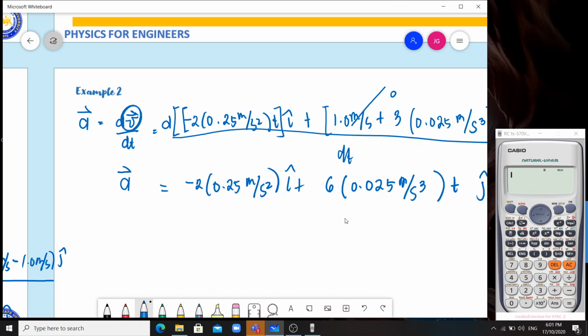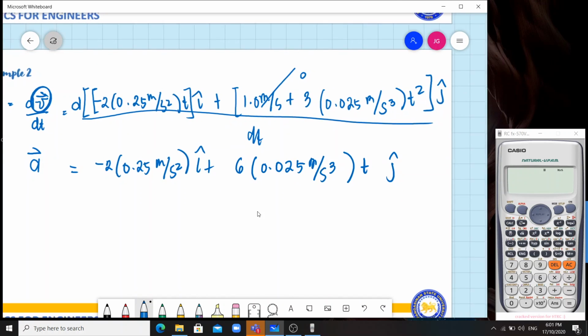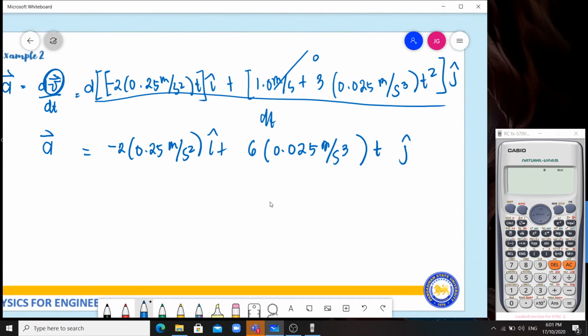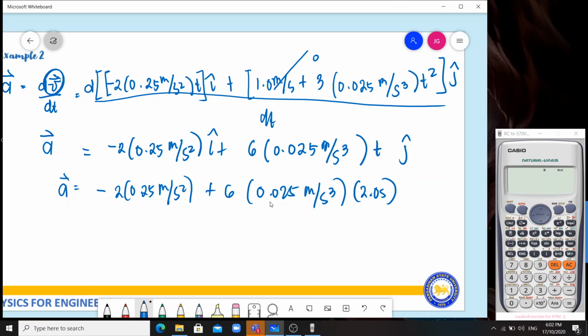Okay, now we have the acceleration. Meron na tayong acceleration vector. Anong gagawin natin? Ito yung instantaneous ha. Kunin na natin yung acceleration niya at 2 seconds. This is negative 0.25, then palitan lang natin to ng 2 seconds. This is i and this is j.